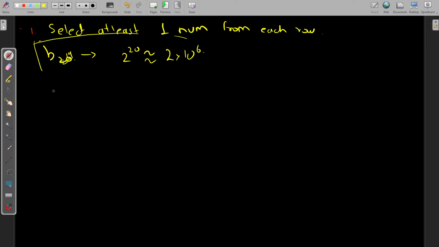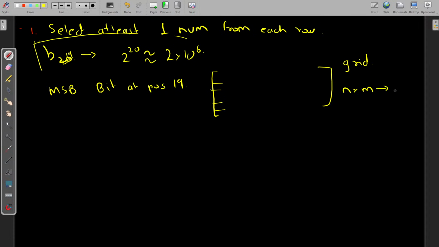So if we select one number from each row, let's first check for the MSB, that is the bit at position 19. Now I will go through the whole grid. If there are n cross m elements in the grid, I will go through all n cross m elements.